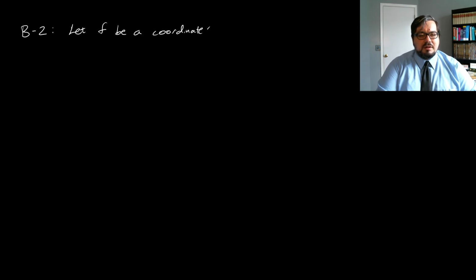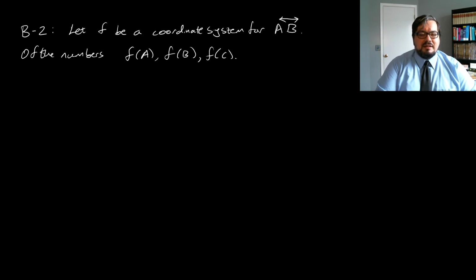So for B2, we're trying to show that exactly one of A, B, and C is between the other two. So let's just let F be a coordinate system for the line AB. Of the numbers F of A, F of B, and F of C, exactly one is between the other two.